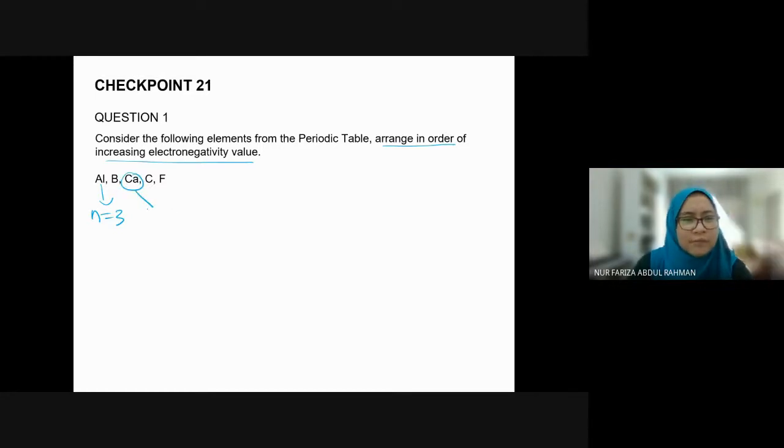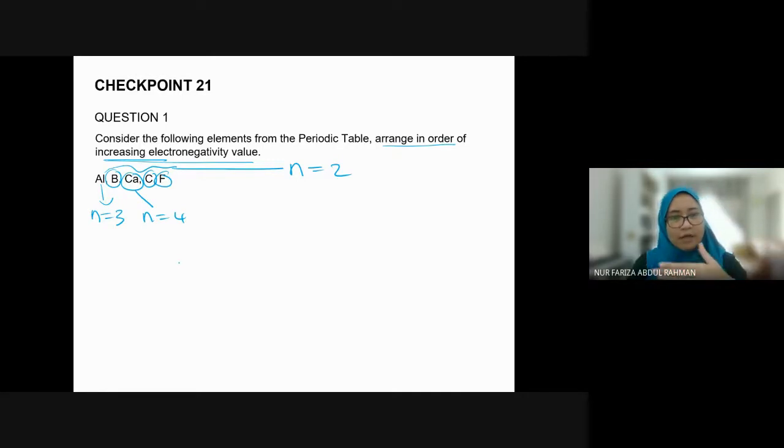Group 1 and group 2 you can already memorise, n equal to 4. Boron, carbon and fluorine, these 3 come from n equal to 2. We have the trend already just now. It has to be increasing electronegativity, so from the element having the lowest electronegativity going up to the highest electronegativity. The lowest will be, guys, calcium.